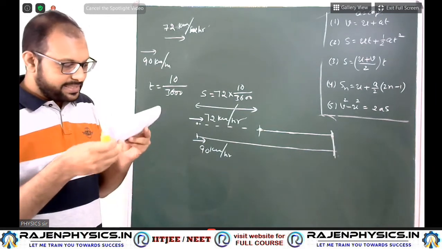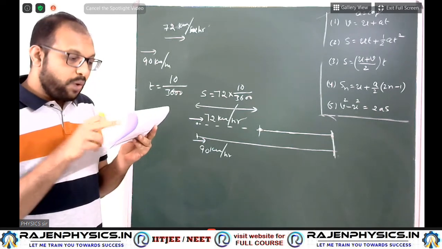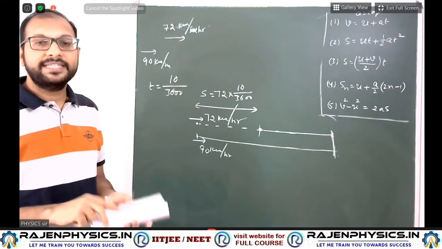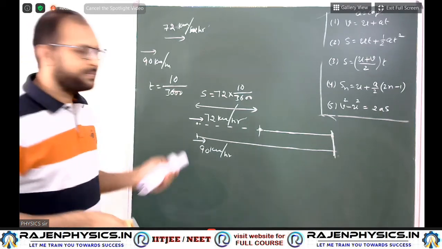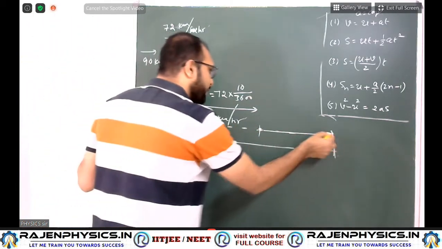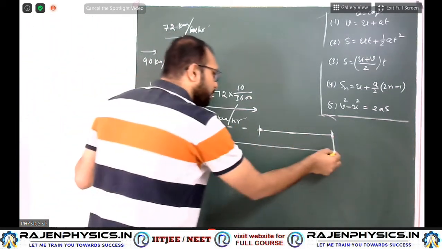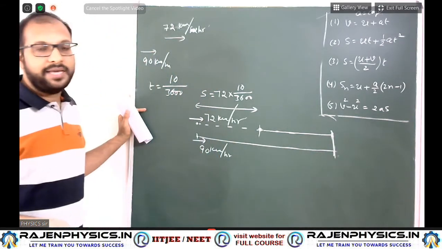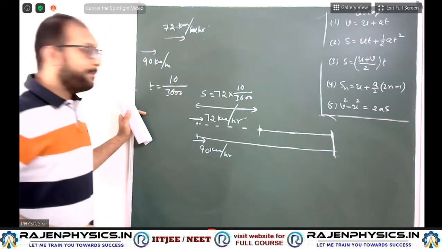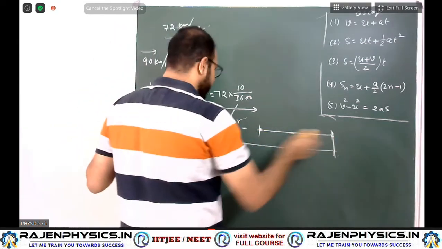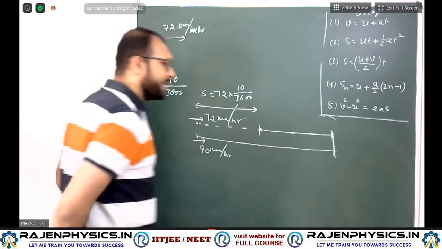Your target is how far from the turning point, the distance you need. Here to here, both distances are the same, and the time is also the same.